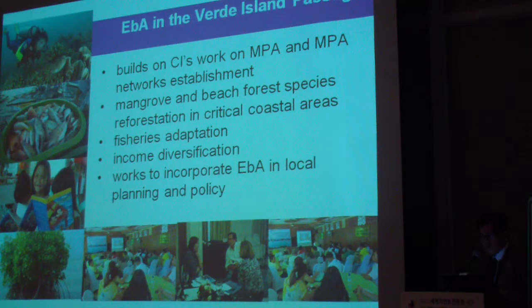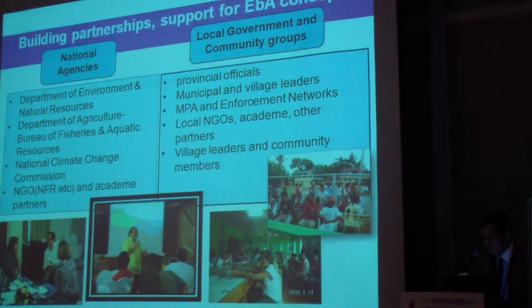And of course, we're working at the local planning and policy level, wherein we want the adaptation responses and the suggestions coming from the community to be integrated in the local development and local policy, and even at the national level. That's why we are building partnerships to support the EBA concept.